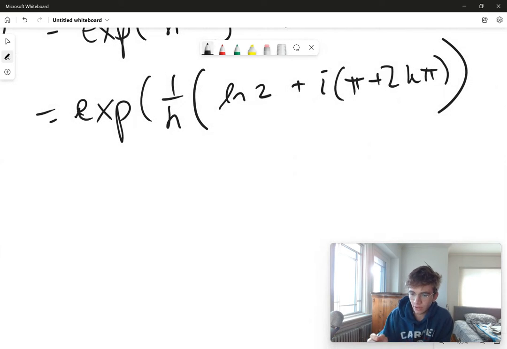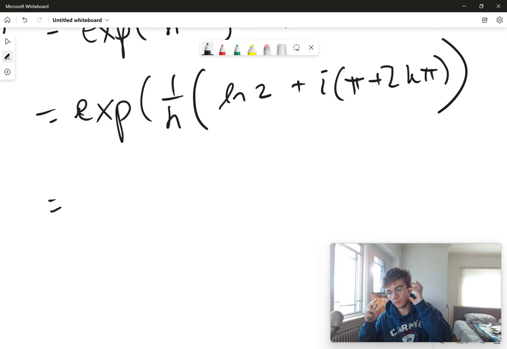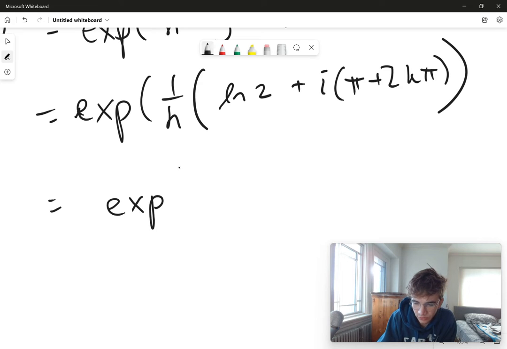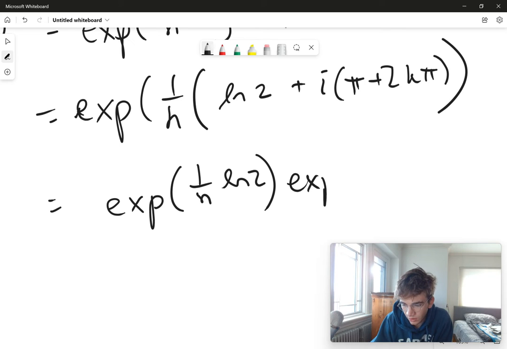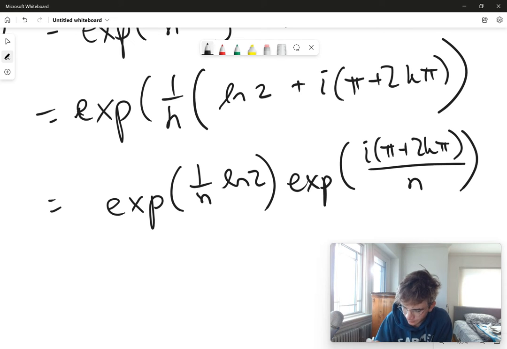So now we can just break up this exponential into the part that represents the angle, i.e. the imaginary exponent, and then the piece that represents the radius or the magnitude of the complex number. So let's do that. So we get exponential of 1 over n natural log of 2, times exponential of I pi plus 2k pi over n.